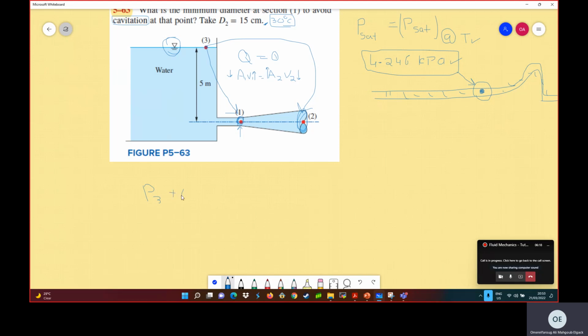Then we have the hydrostatic term rho g h, with h equal to 5, because it's at an elevation of 5. Assume this will be the datum, my reference, and it's equal to the pressure at either 1 or 2, just call it the pressure, plus the dynamic pressure, half rho v squared, and I don't have a hydrostatic term because those points are at my reference, so there is no rho g h.